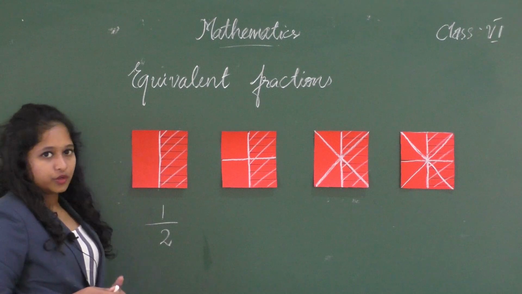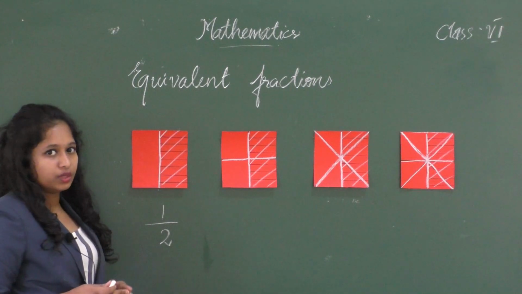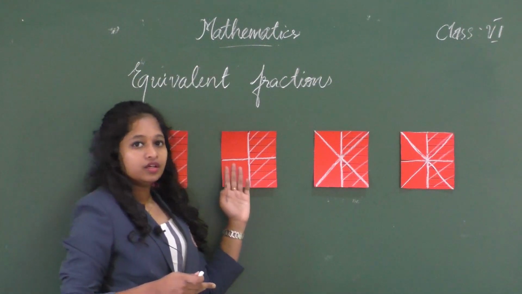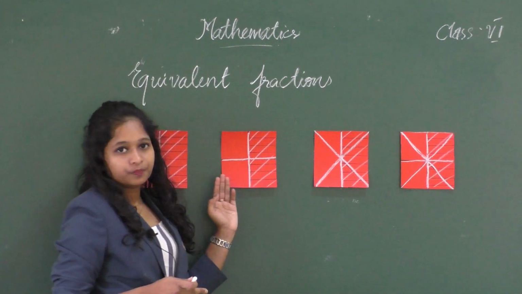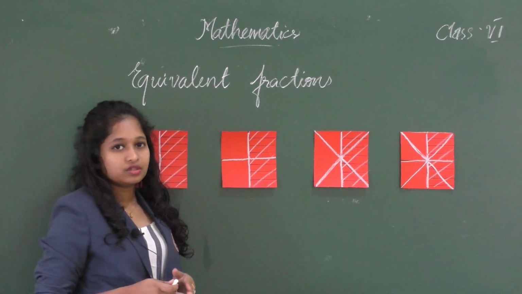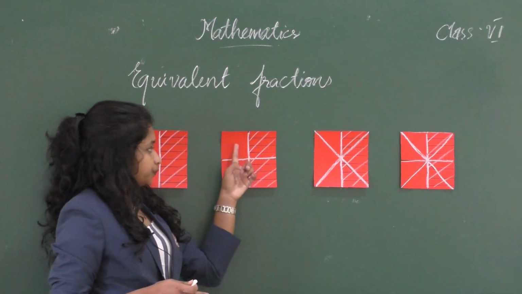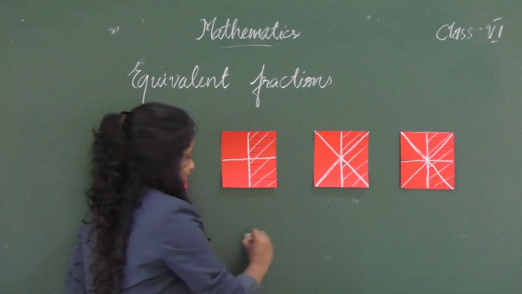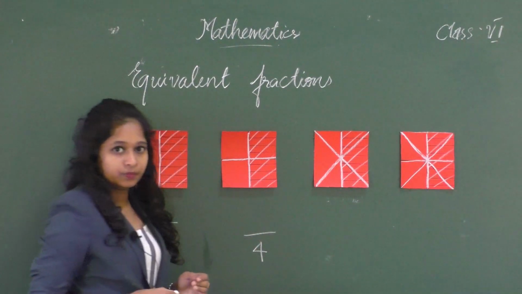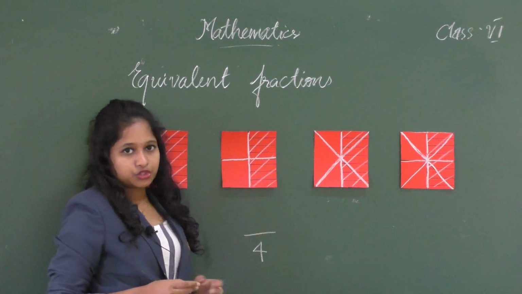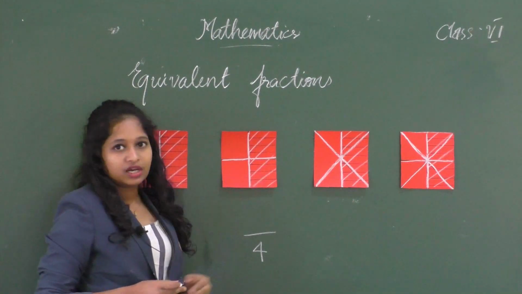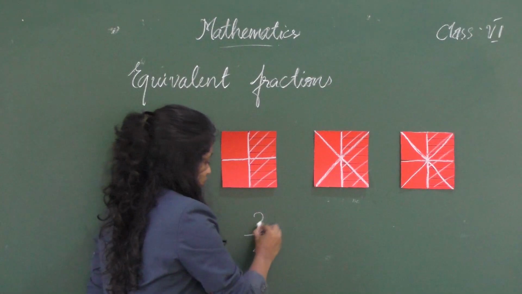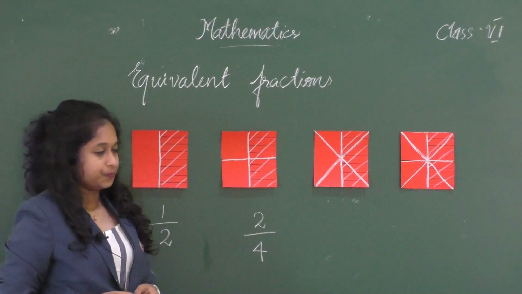So this square box I represent as 1 by 2. Okay? And this square box is divided into 4 equal parts. So I write that in the denominator, and 2 parts are shaded, so I write that in the numerator.